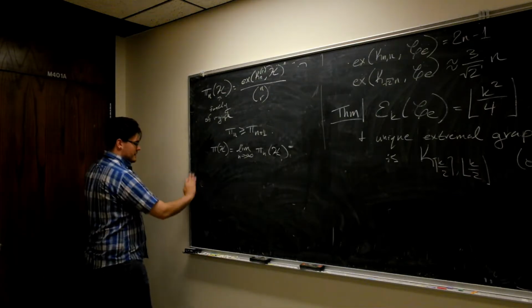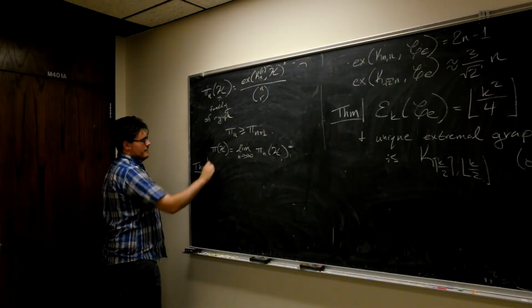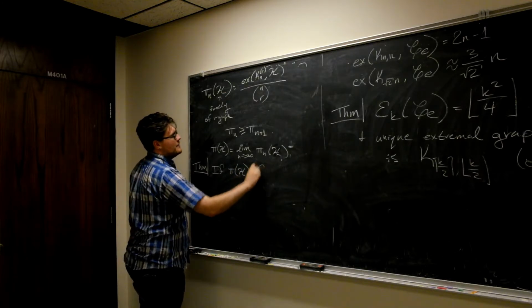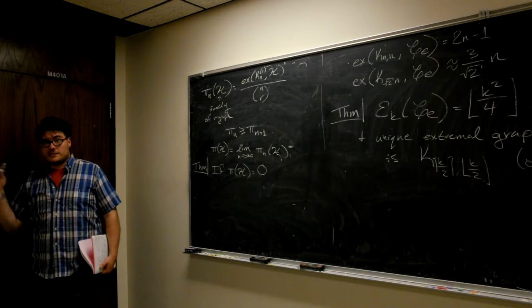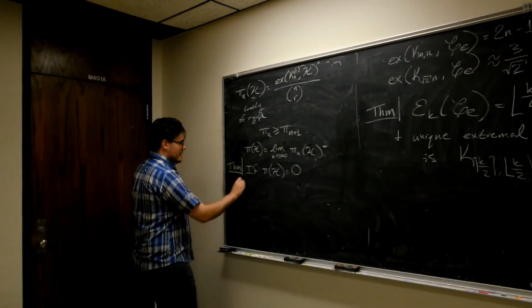Okay. So, theorem. If the family of graphs is non-degenerate, so this limit doesn't go to 0 like it does with bipartite graphs in the two uniform case, right? These are the non-degenerate ones.